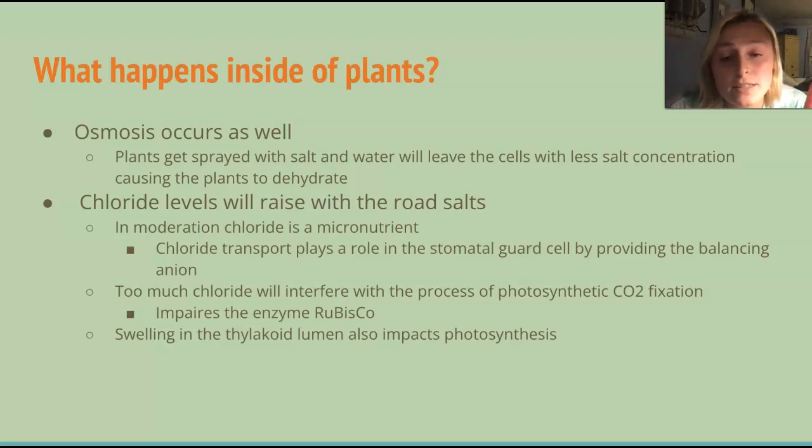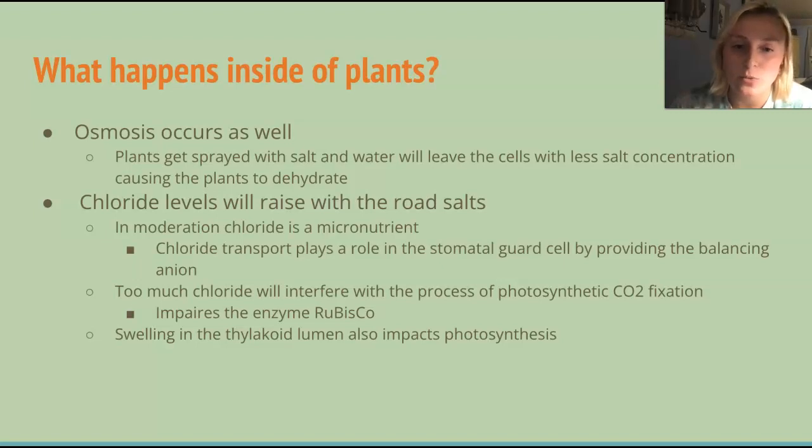And too much chloride will also interfere with the process of photosynthetic carbon dioxide fixation, which is the first step in the Calvin cycle, and the enzyme rubisco, ribulose biphosphate carboxylase, gets impaired.